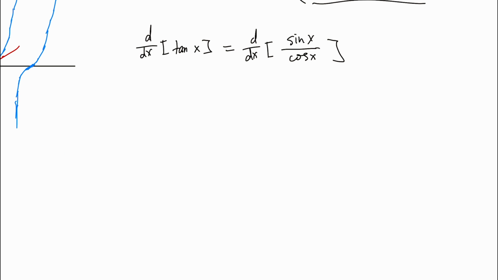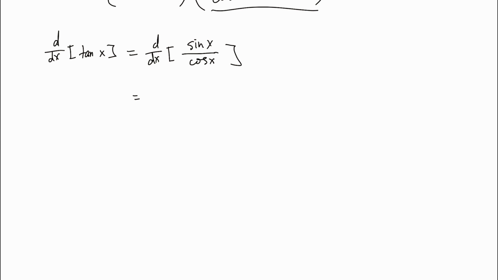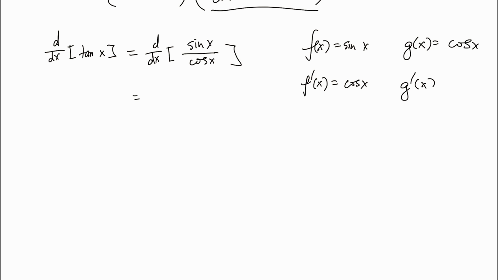That's just a basic trigonometric identity, and with that, we can use the quotient rule. Let's say f of x is sine of x, then f prime of x is cosine of x, and g of x is cosine of x, then g prime of x is negative sine of x.